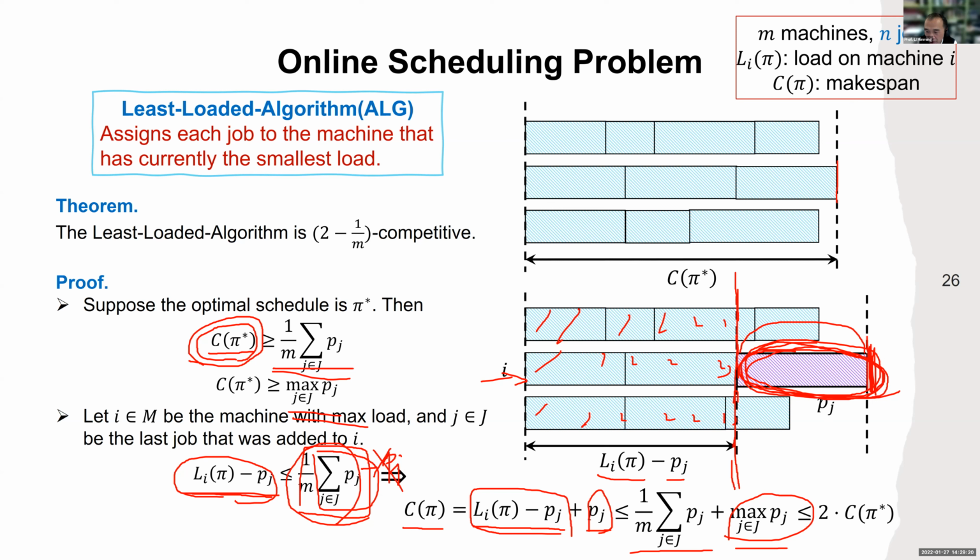If you can argue every machine has something to do at that time, of course you can minus Pj here. But you see, there are a lot of gaps. There are many machines that are idle after some time, before you talk about this time. So you cannot minus Pj. That does not hold. So is it clear?